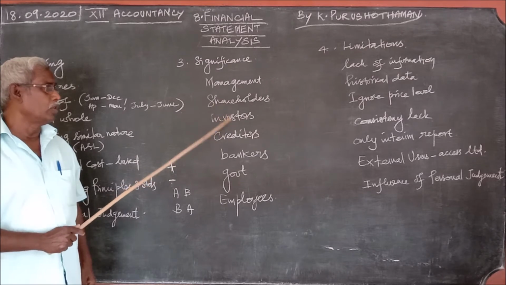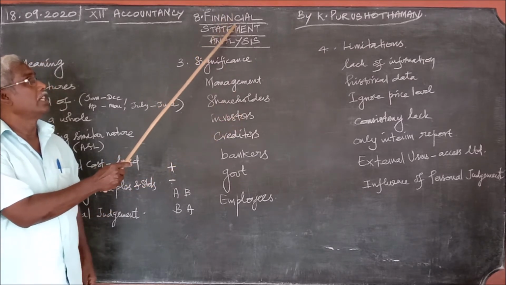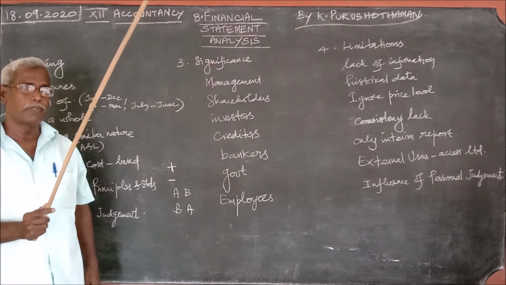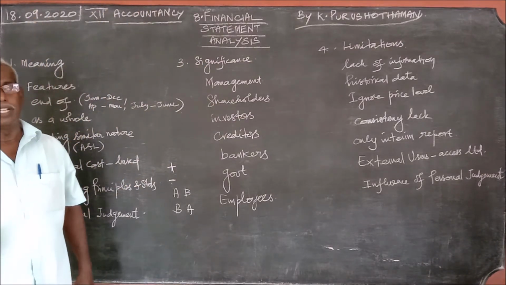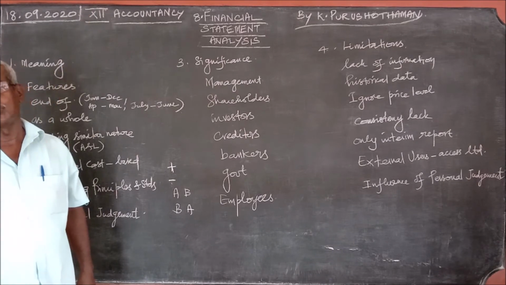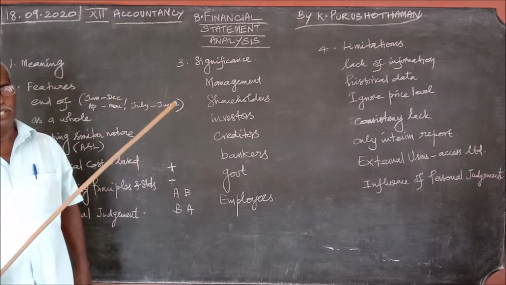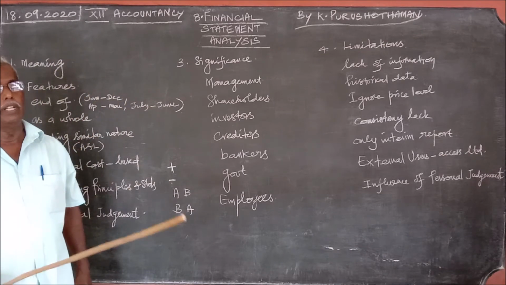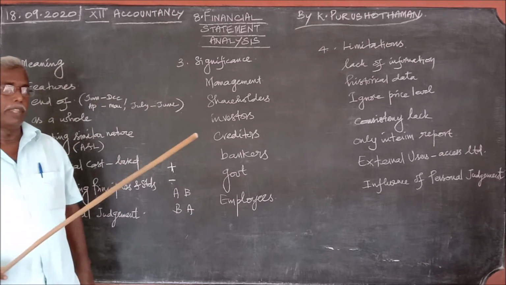To know all this information, this financial statement is very much essential, because the financial statement consists of the final accounts. That is, in addition to that, the manufacturing cost, trading account, profit and loss account, and the balance sheet.